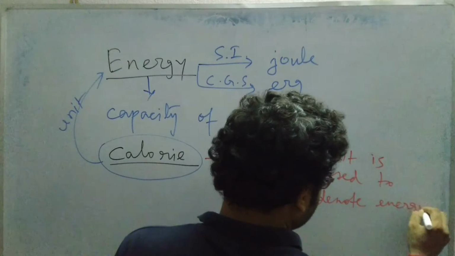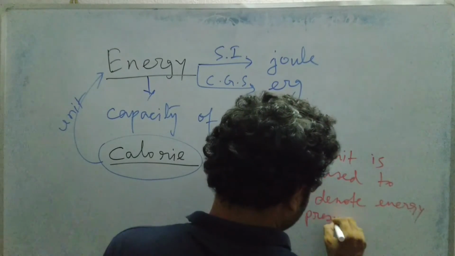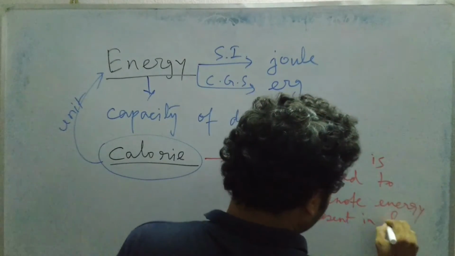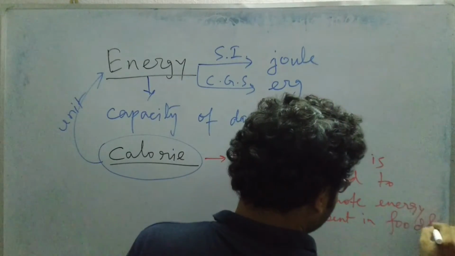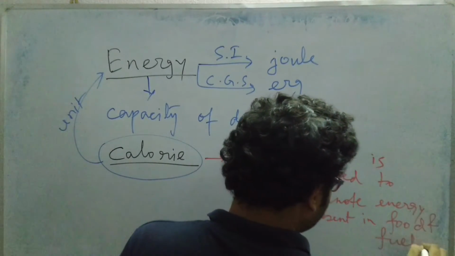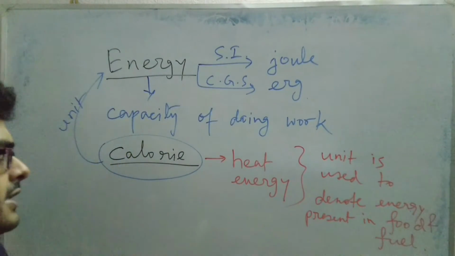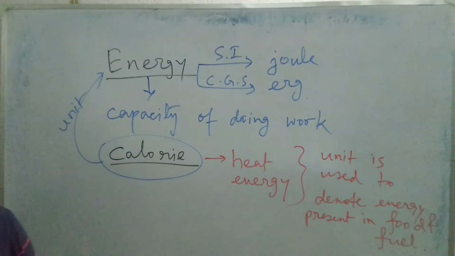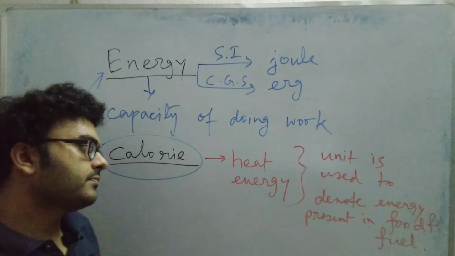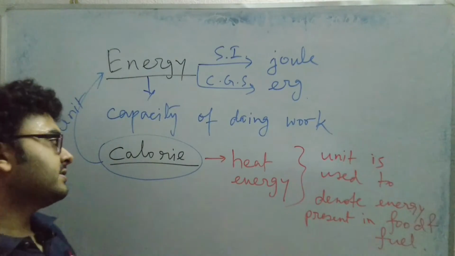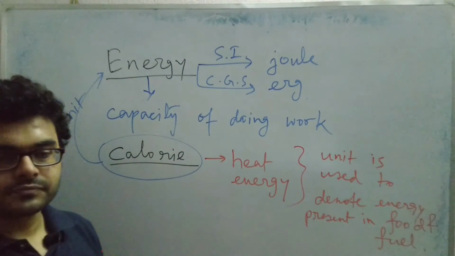So remember this thing. Calorie is not being used for all kinds of energy. It is specifically used for the energy present in food and fuel. So this is calorie, another unit of energy.